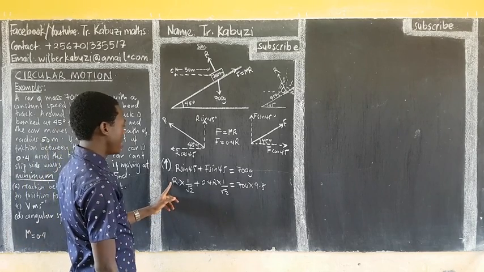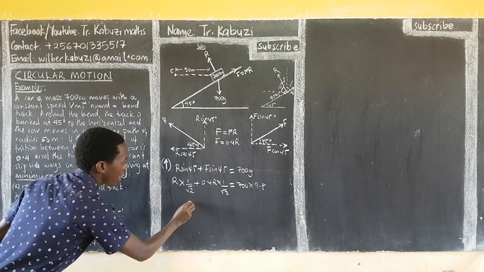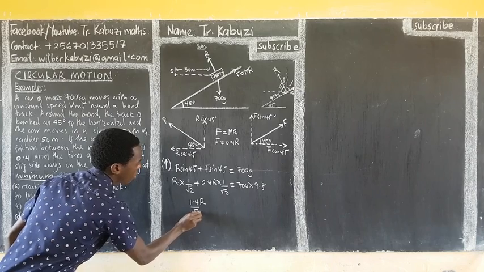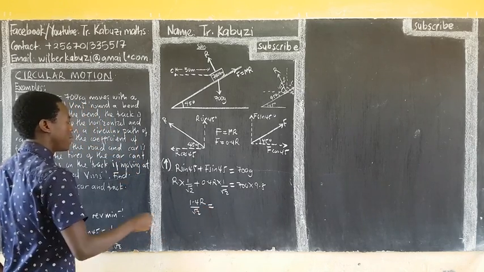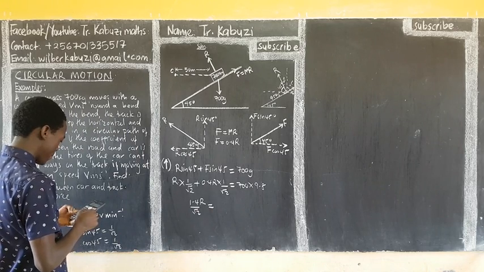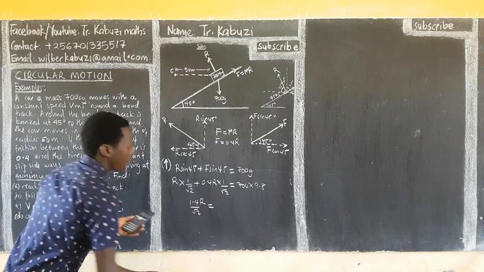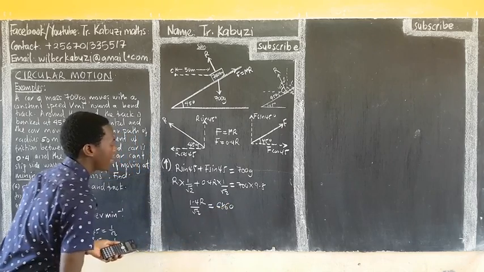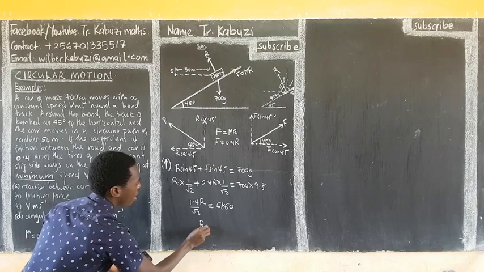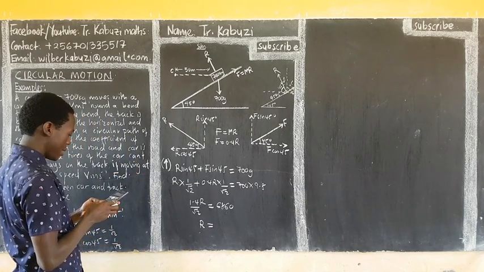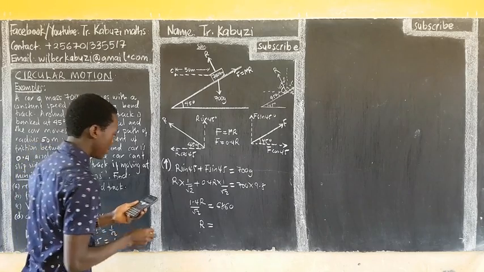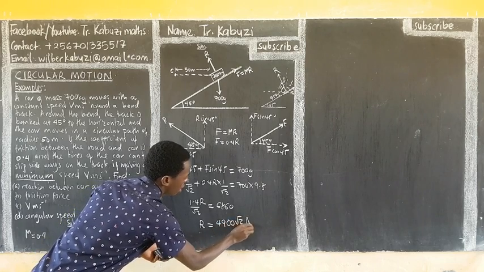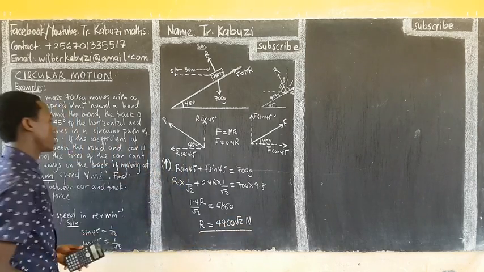So you see when I add, this is coefficient 1 and this is 0.4, so I'm going to be adding 1.4 R the whole over root 2 equaling to 686. So when you simplify that and we divide, our R from here is going to be 4900 root 2 Newton.